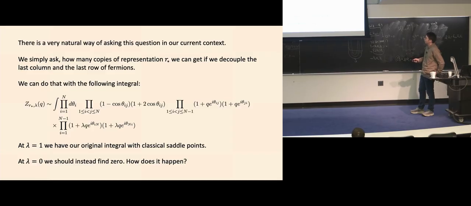But for any fermions that are in the last row and last column, I insert an additional lambda factor, which penalizes the inclusion of such fermions.